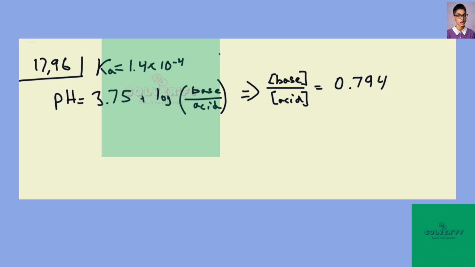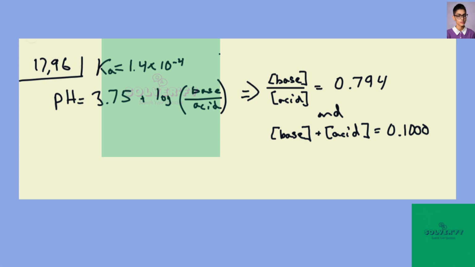And we can also say that the reaction that we'll use is based on the beginning concentration of the acid. Both species, the base and the acid, have to add up to the same concentration which we're given at the beginning, because we're not producing new base, we're just converting the acid to the base.